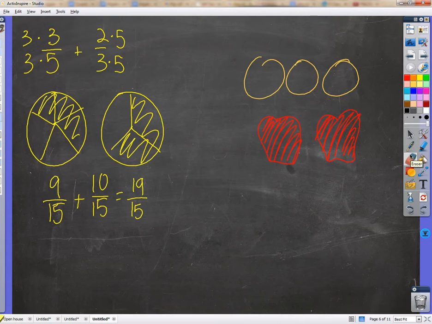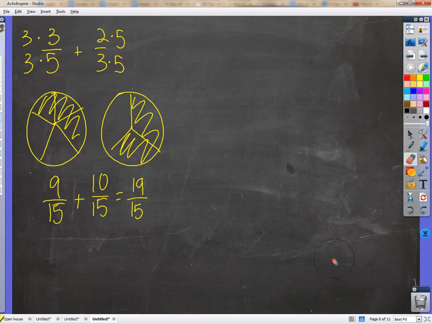All right. Are there any questions about adding or subtracting fractions? Sure. We could do 2/3 minus 3/4. Really similar problem.